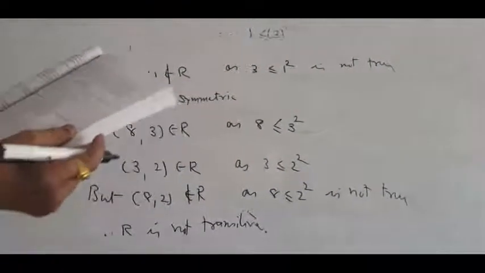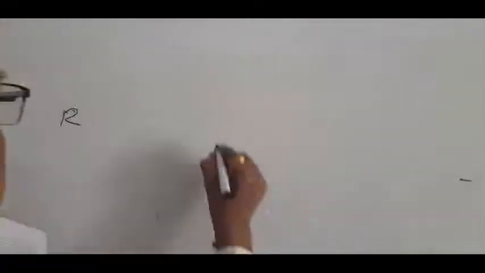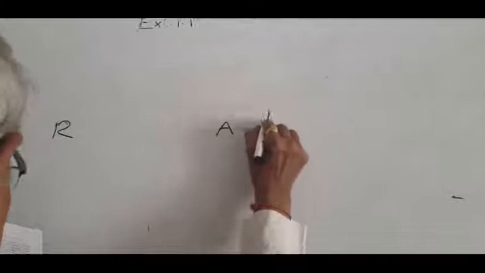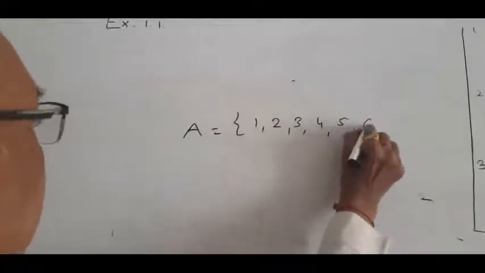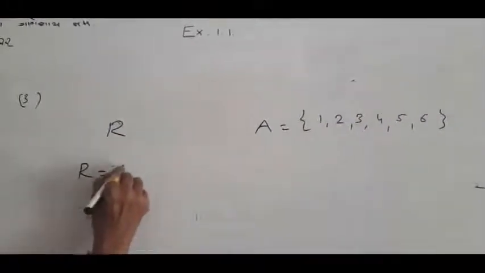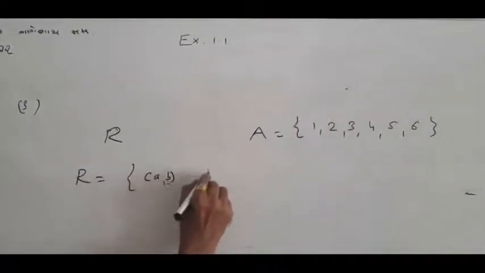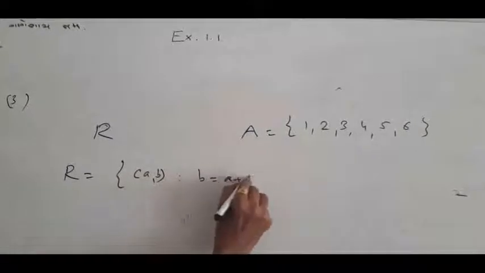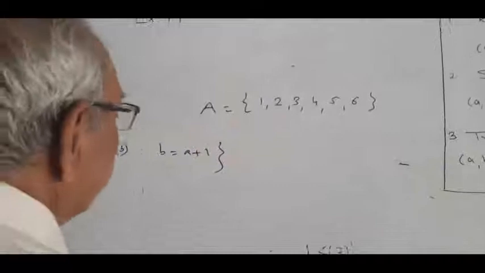Now check the third question. Check whether the relation R defined in the set {1, 2, 3, 4, 5, 6}, where R = {(a, b) : b = a + 1}, is reflexive, symmetric or transitive.